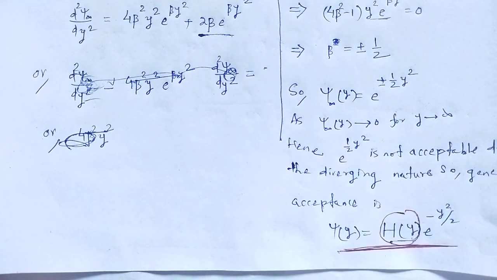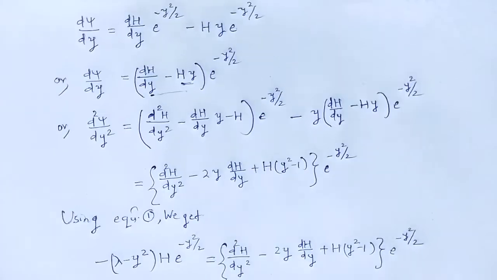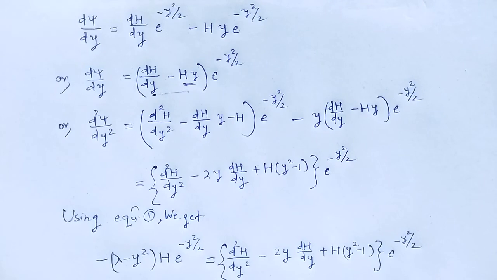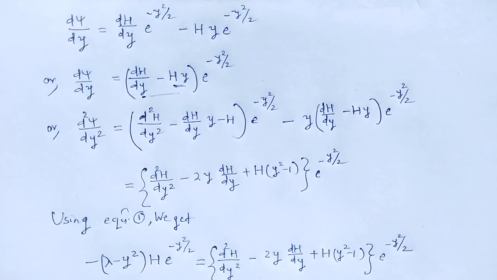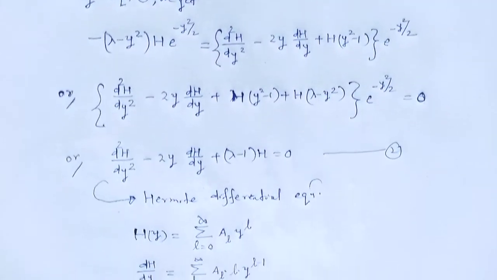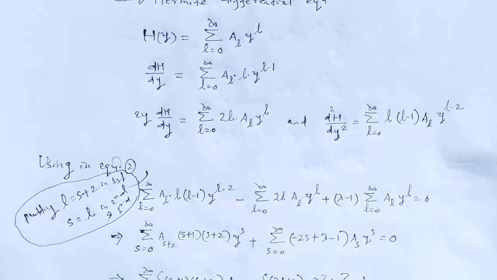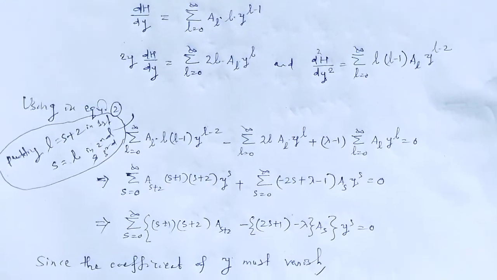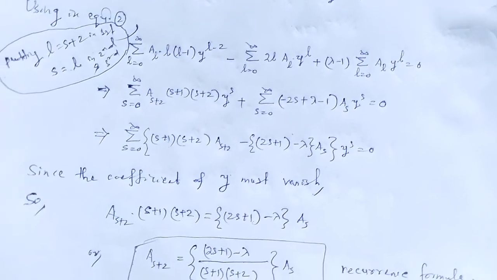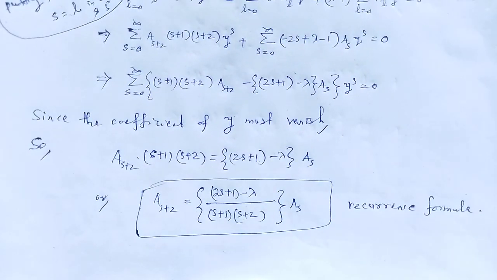As we discussed. So using that form we take dy by dy, which is the Hermite differential equation, and its solution by using the power series method. It will be continued, and finally we get a recurrence relation.